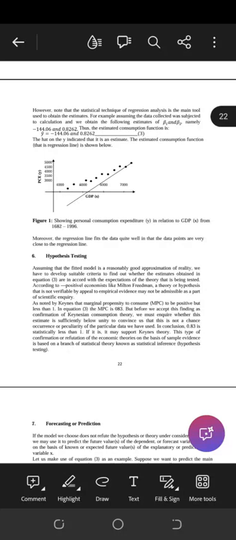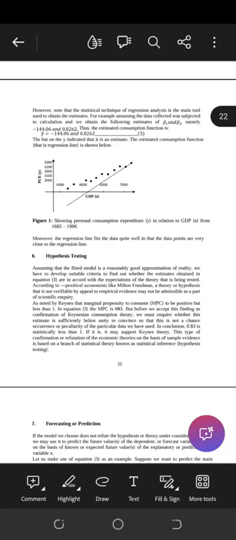Ṣé ti understand ma? Hello ma. Mo ń sọ lórí proxy variable. Proxy variable. Proxy.